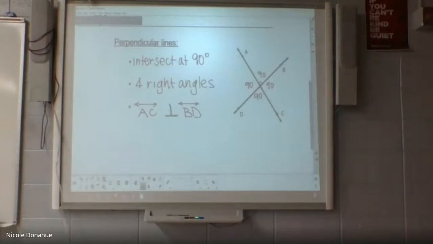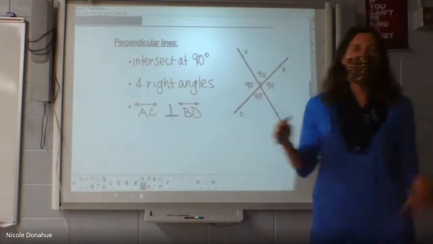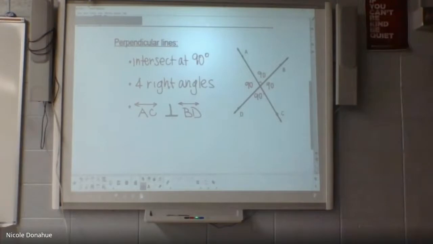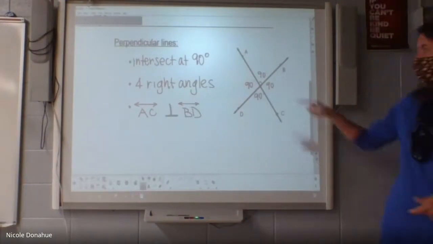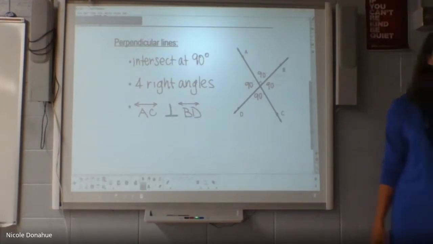So your book could say that, and you would know that those lines intersect at a 90-degree angle. This mark also tells us that, so just remember those clues they give you to tell you things intersect.